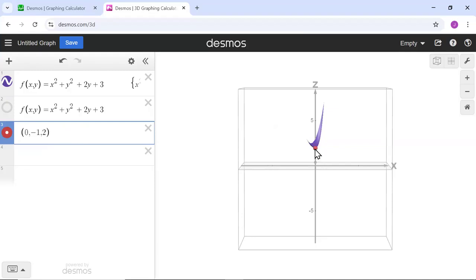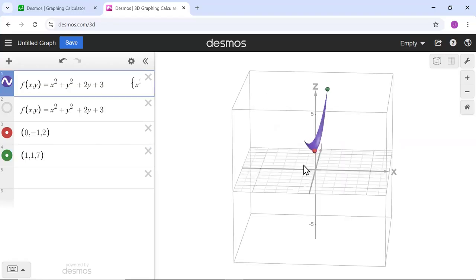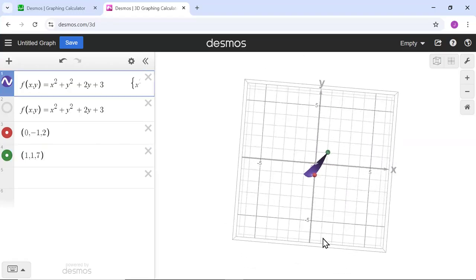So lowest point happened there. Highest point happened at 1, 1, 7. Okay. So that's what's happening.